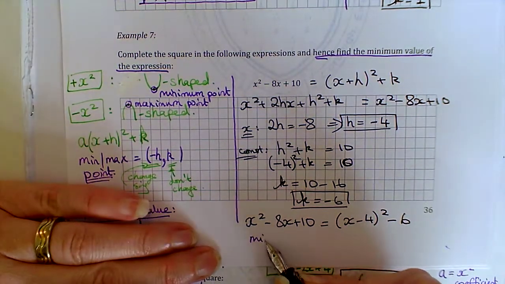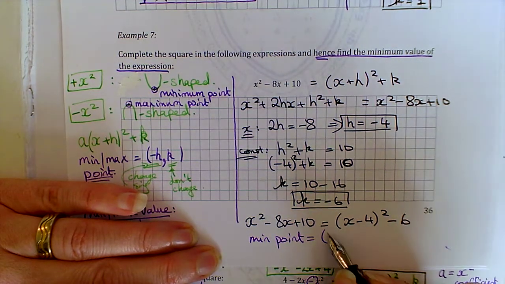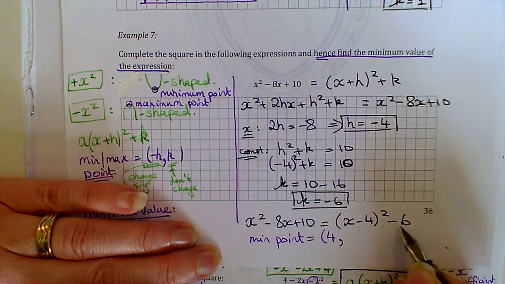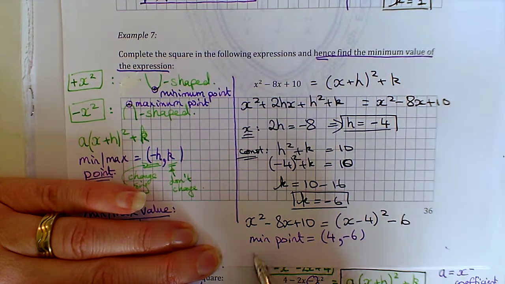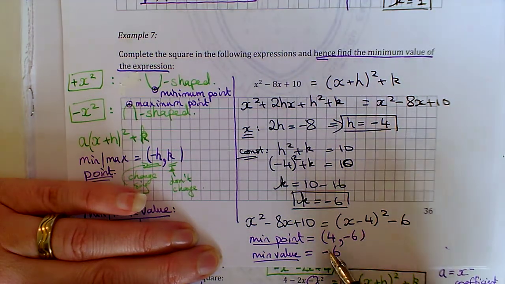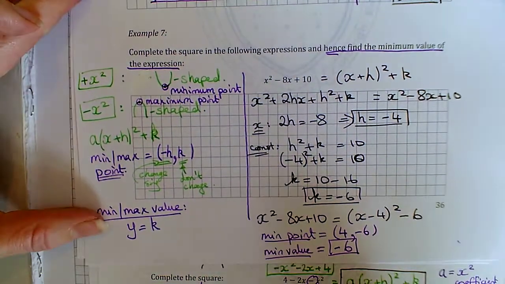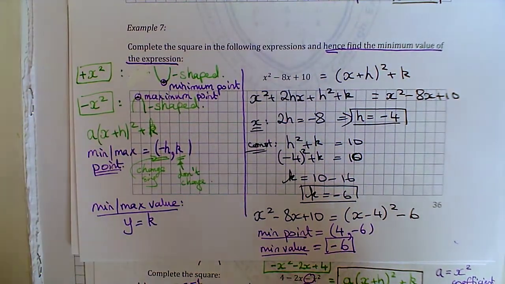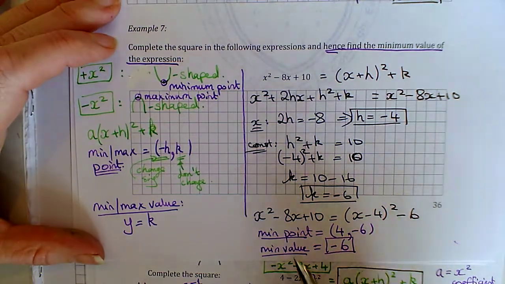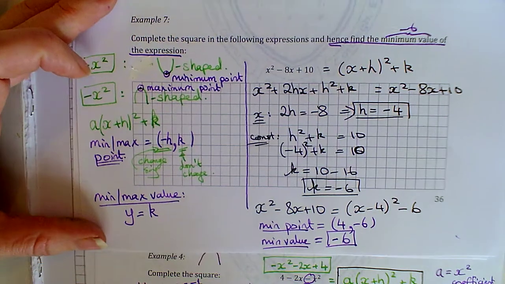So the minimum point is, change this sign, 4, don't change this sign, minus 6. And my minimum value is just that, minus 6. So have I answered the question? They didn't actually ask me for the minimum point, but you know what? There's no harm in writing it down. It's just extra information. But we did need the minimum value here, which was minus 6.